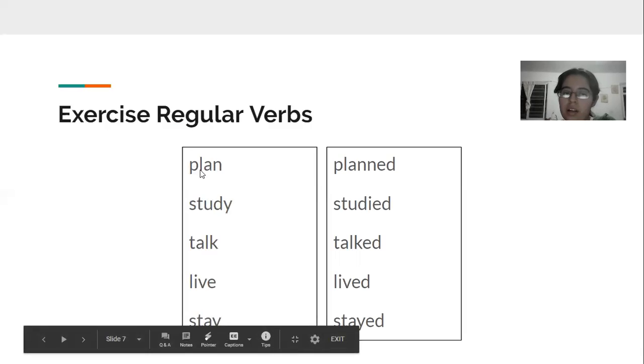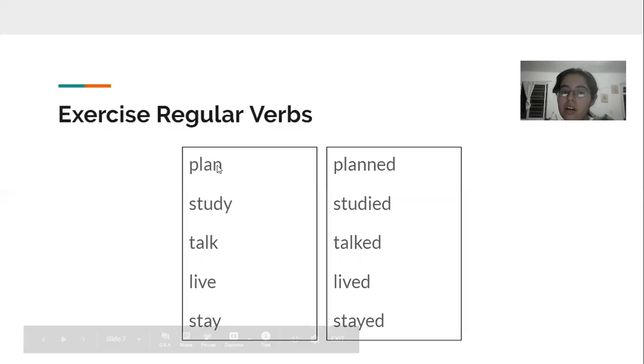So plan, consonant, vowel, consonant, double consonant, planned, double N. Second one, study, consonant, Y. We change the Y to an I and add ed. Study, studied.